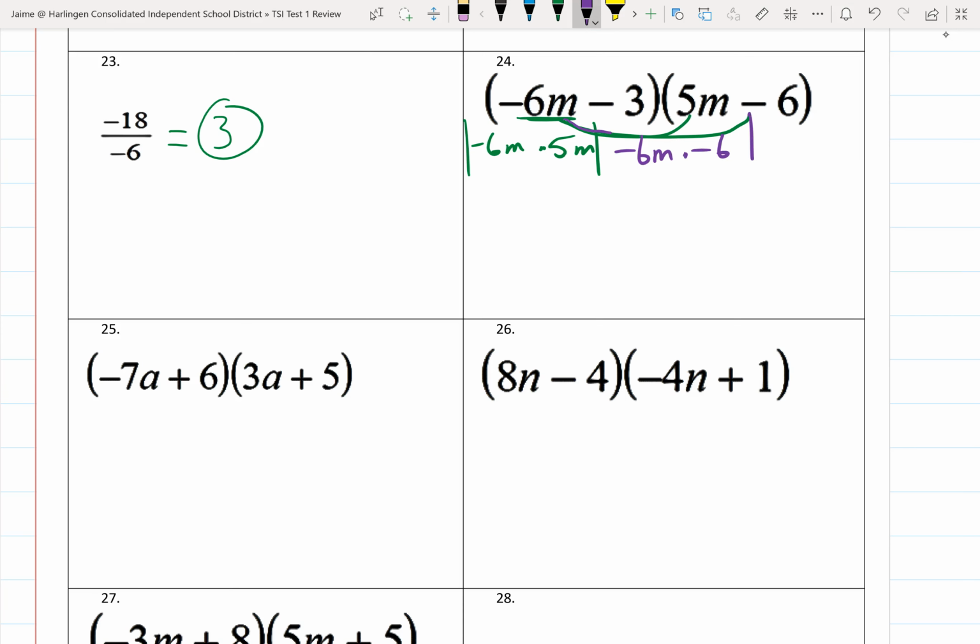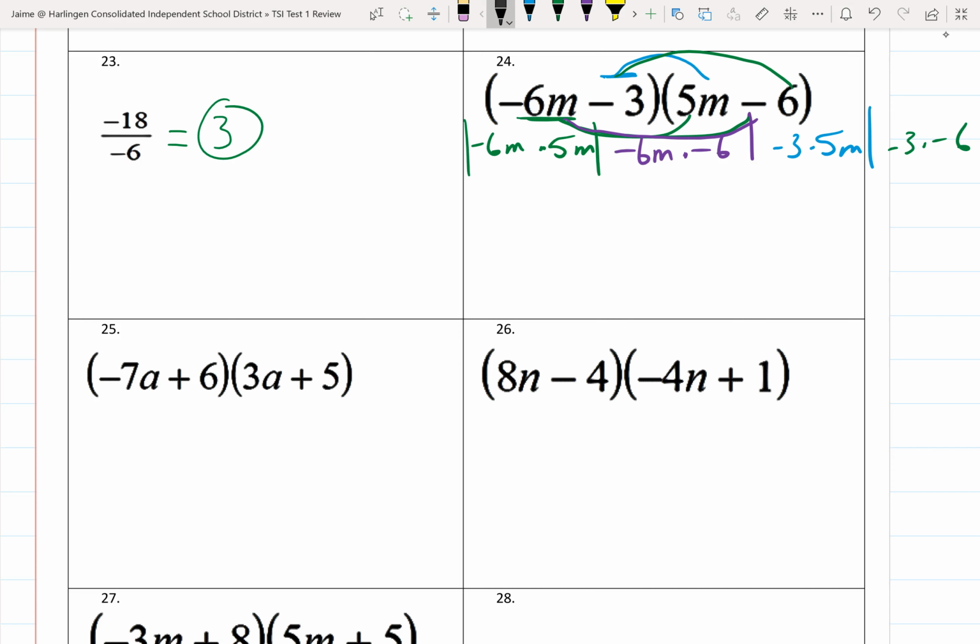That was this one right here. Then negative 3 times 5m. And then negative 3 times a negative 6. Right, those are all the steps. And then we fix it. If you need to do all those steps, do them, please. Don't get this question wrong.